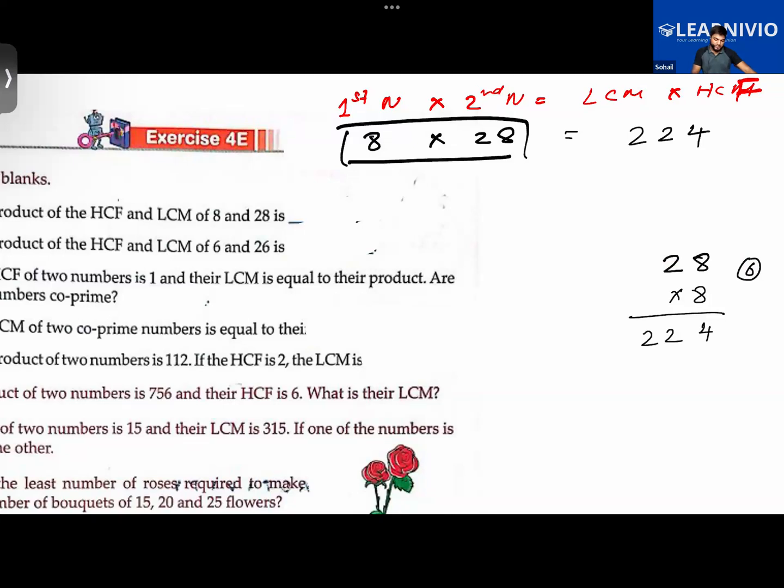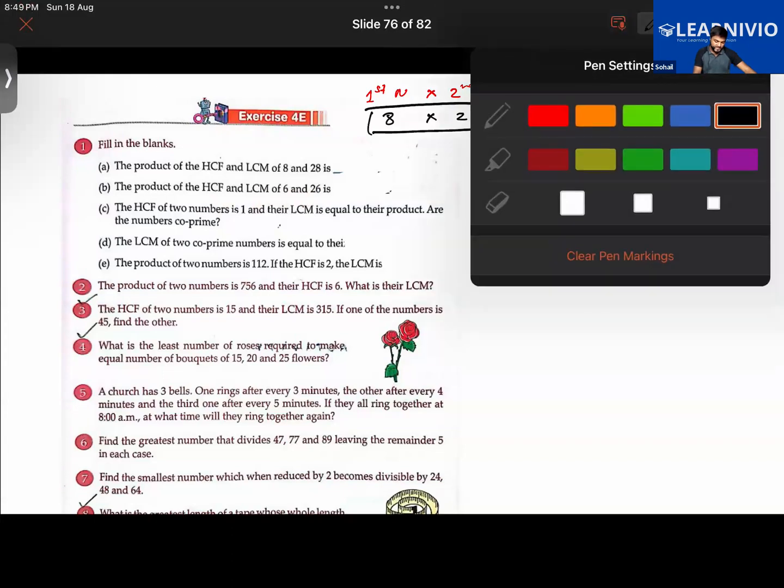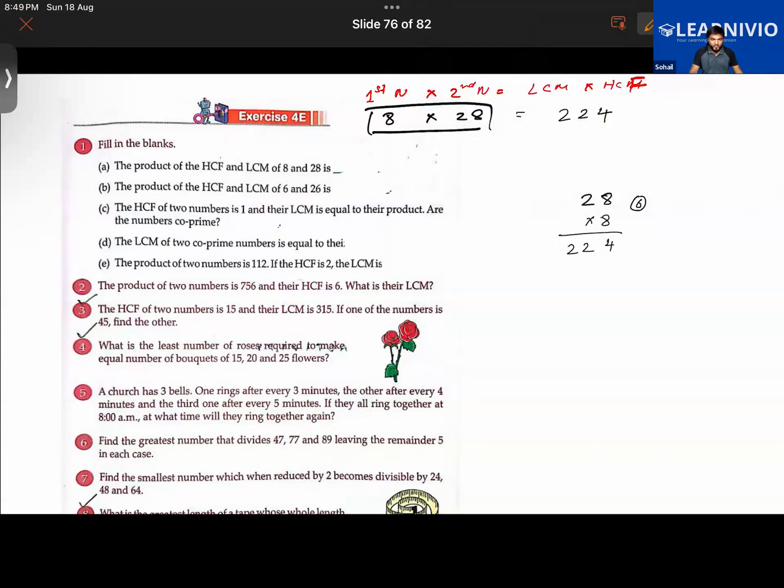Okay, in the same manner, find out the product of HCF and LCM of 6 and 26. Do the second question quickly. 156.